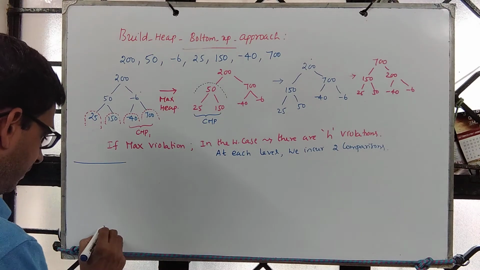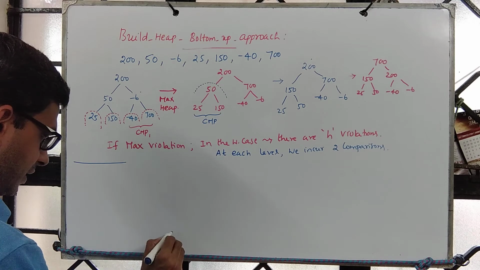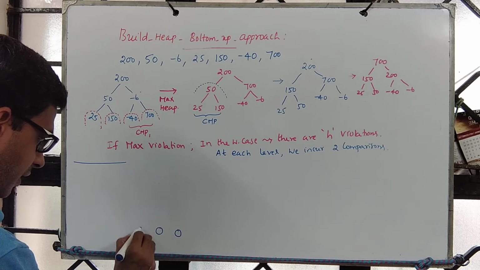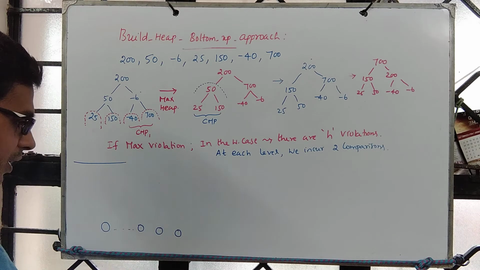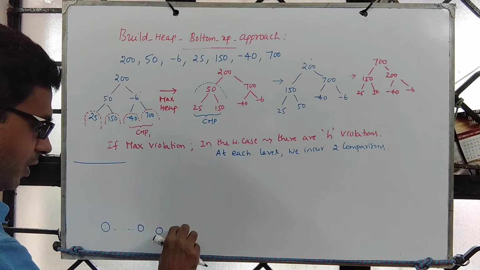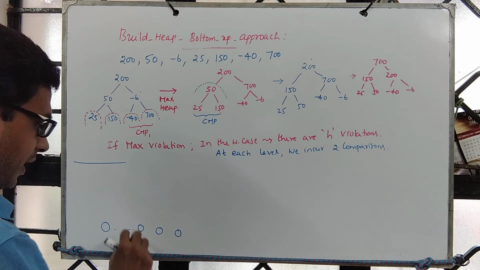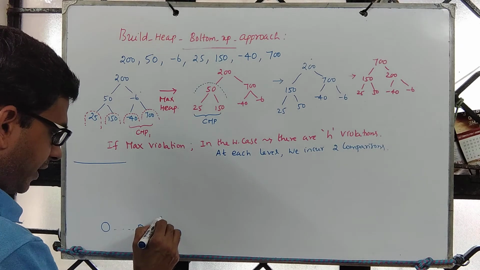So listen carefully. We are doing it in bottom up approach, right? So these are all the set of leaves, and by definition they are all max heaps. After that, what are we doing?